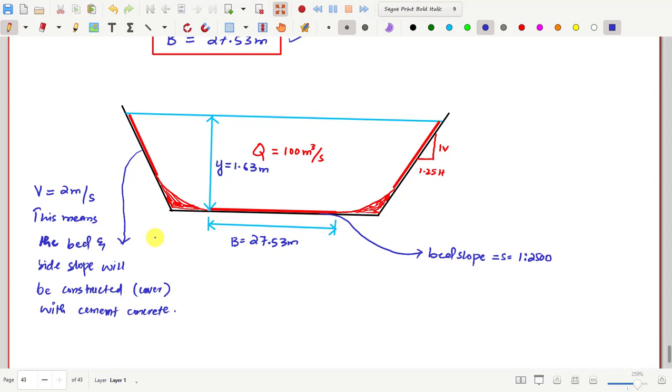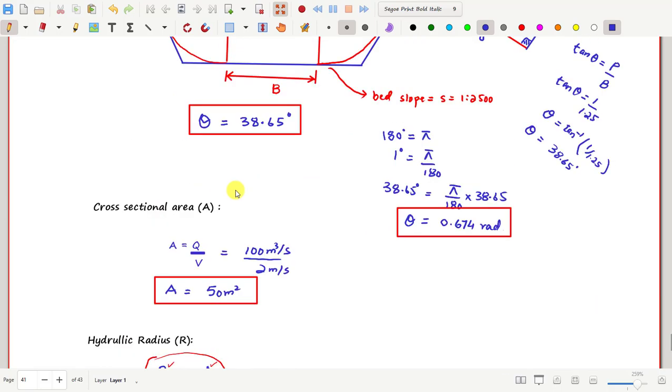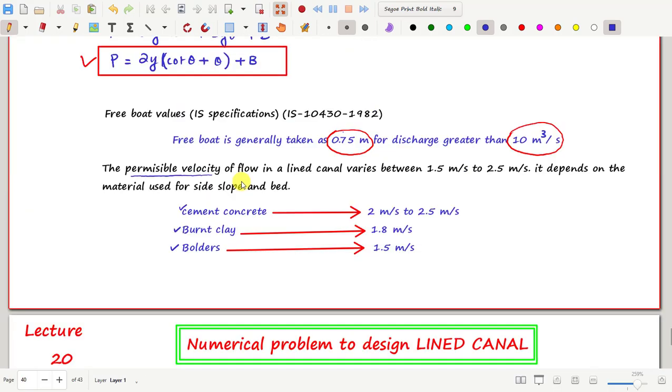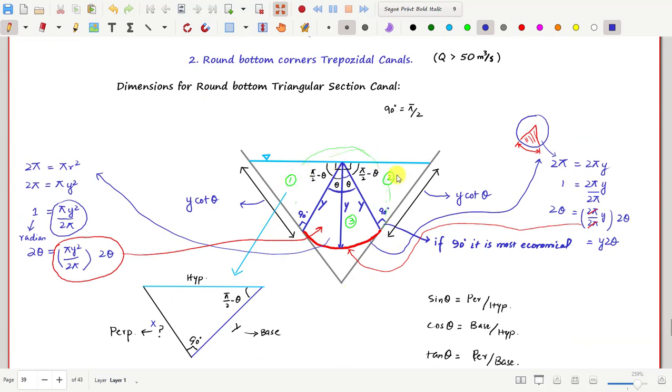Similarly, you can try this same numerical problem by considering the other type of section, which was triangular section, right, with bottom rounded. You can try the same numerical problem for this kind of section.